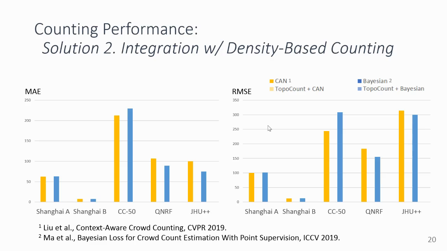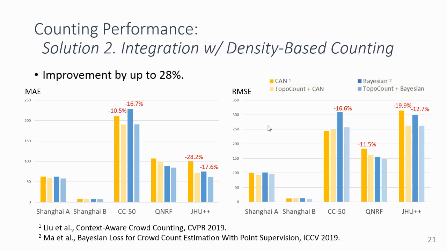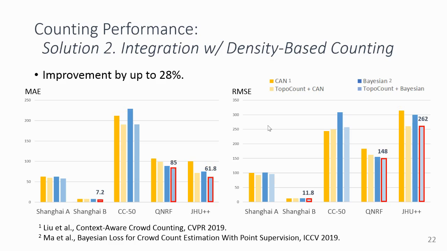We show here the mean absolute error and root mean squared error for the baselines of only the counting methods without the integration. After the integration with TopoCount, the errors are reduced significantly, with up to 28% improvement in the error. Furthermore, we achieve state-of-the-art performance on 3 datasets.